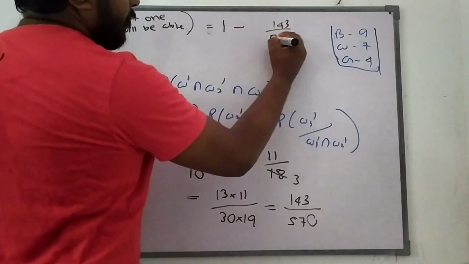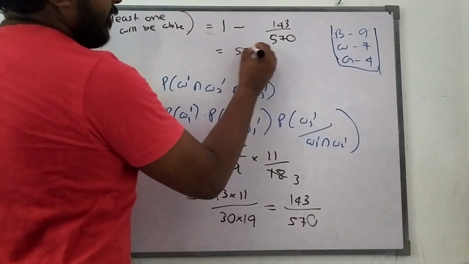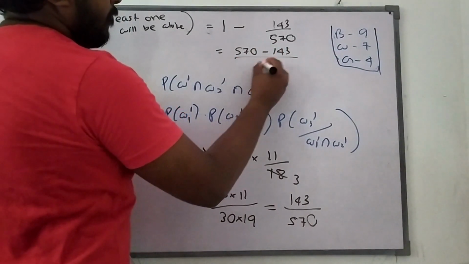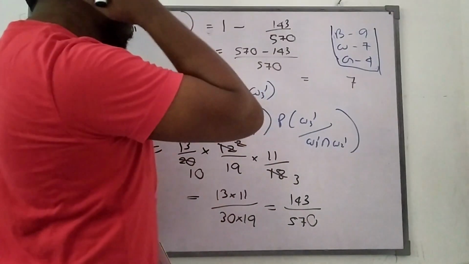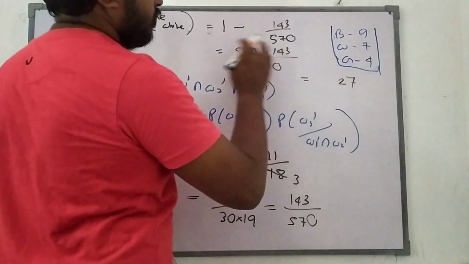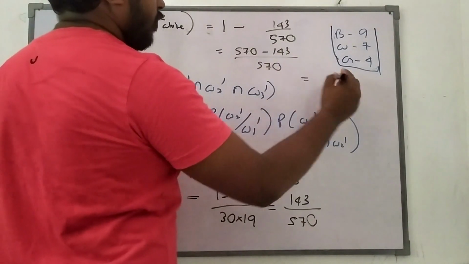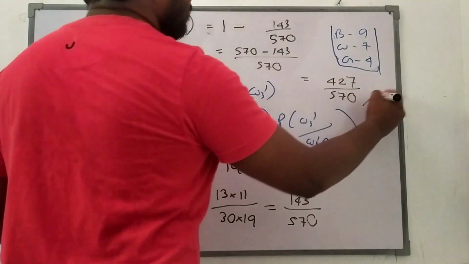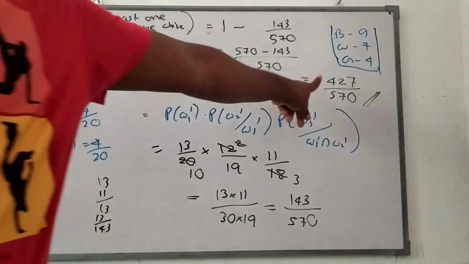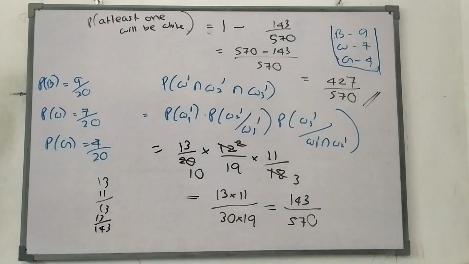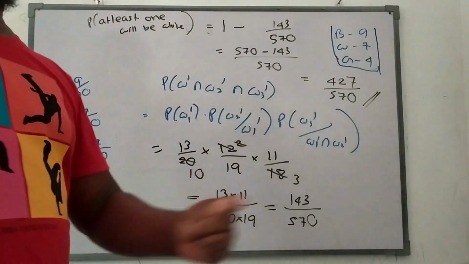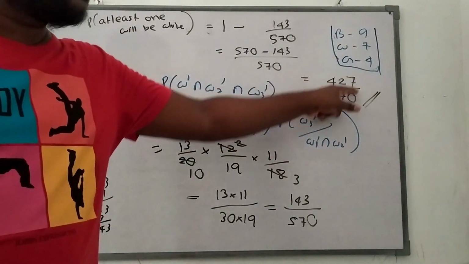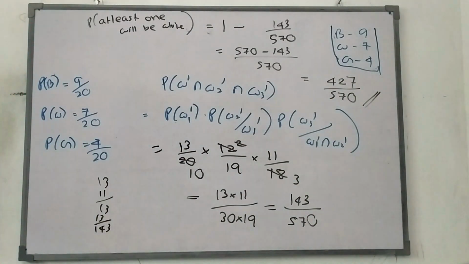So 1 minus 143 over 570 is 427 over 570. This is the probability of at least one ball will be white. So it can be only one white, only two white, or all three white. That is what they ask in this fourth part.